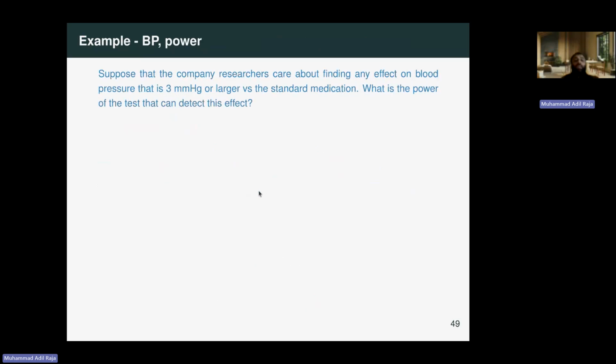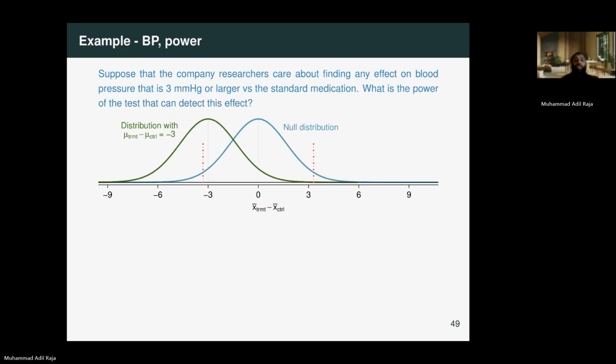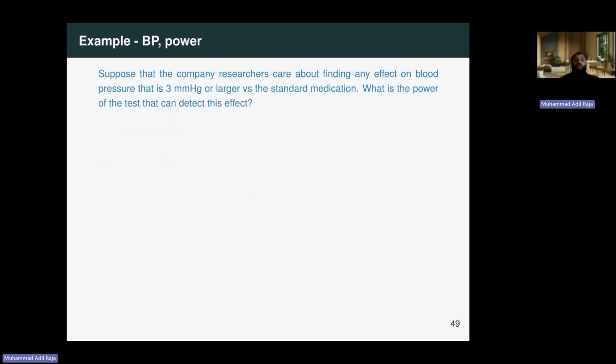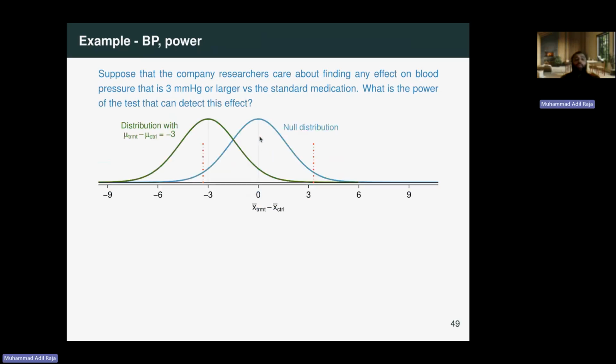Okay, and now what we are trying to do is compute the power. So first of all we draw the null distribution. Then we draw a distribution for the effect size.